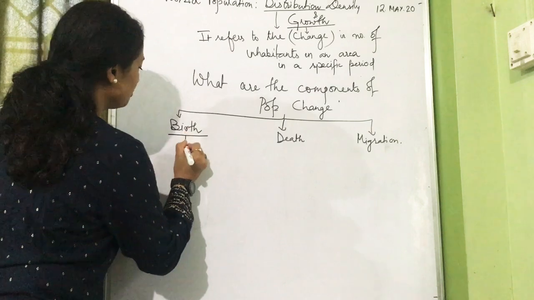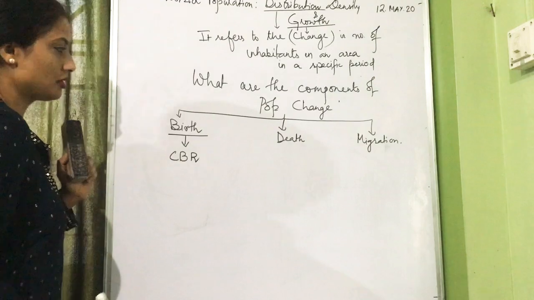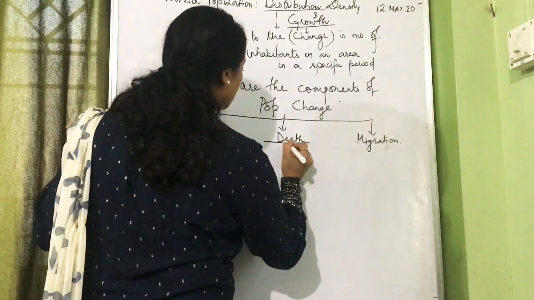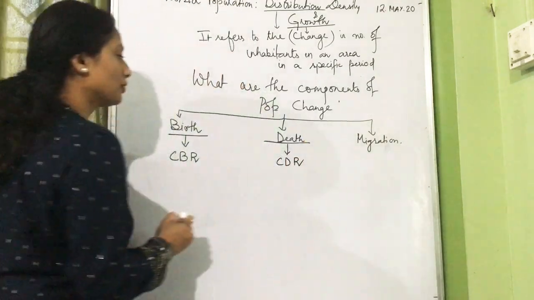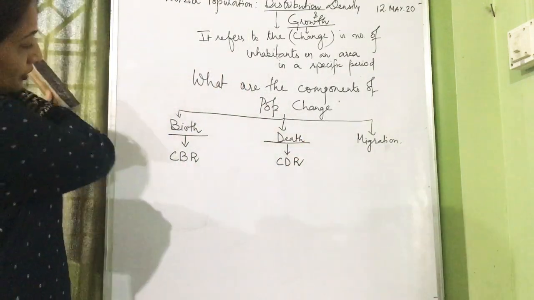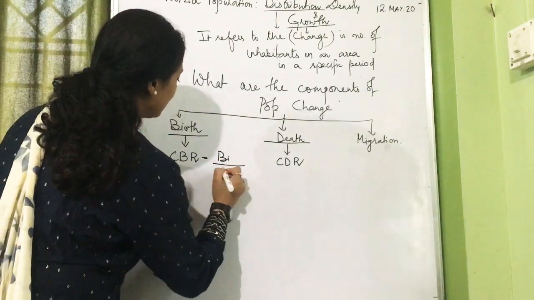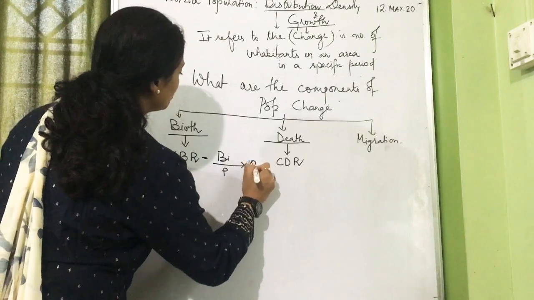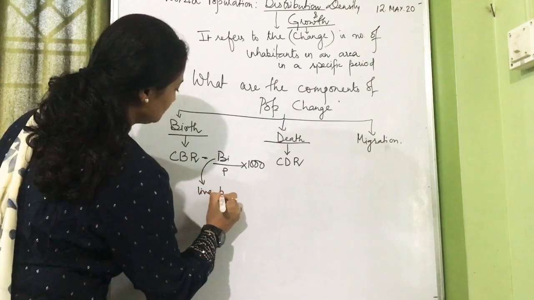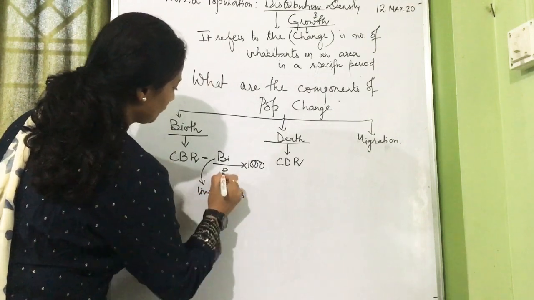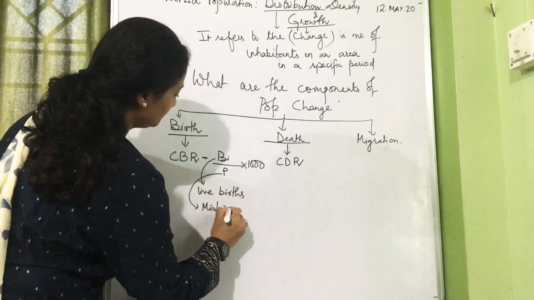Number of births is measured in terms of crude birth rate, and number of deaths is measured in terms of crude death rate. You will read in the book that the formula of crude birth rate is B divided by P into 1000, where B is live births and P refers to mid-year population.